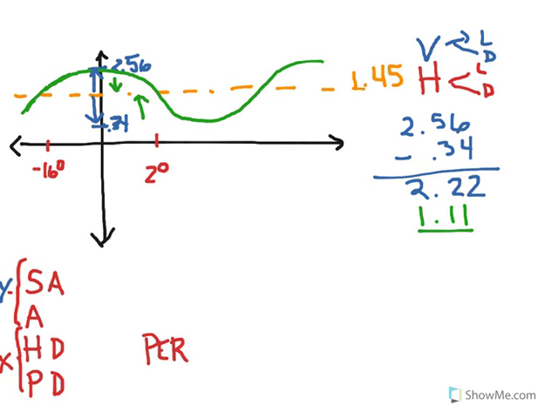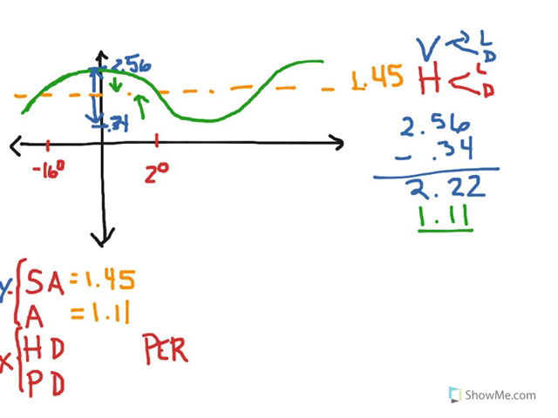So the sinusoidal axis is 1.45. The amplitude is the distance from the middle to the top. I think I already found that. That's going to be 1.11. Good job.